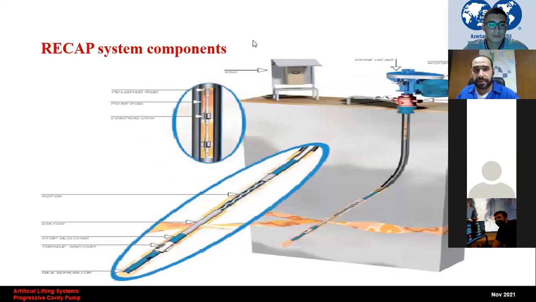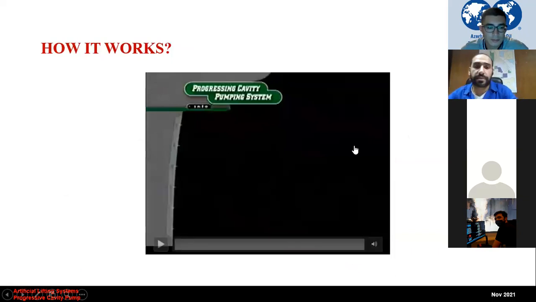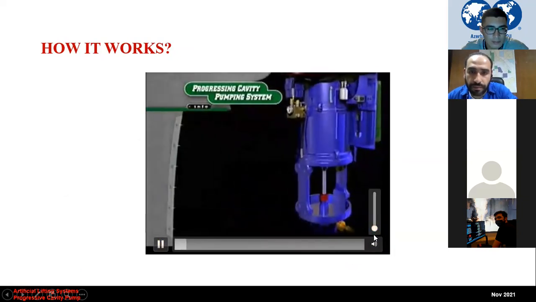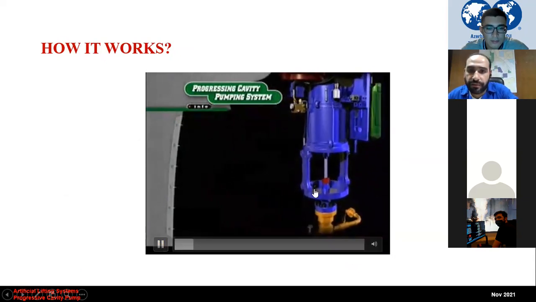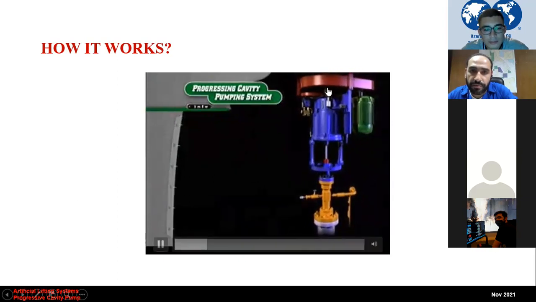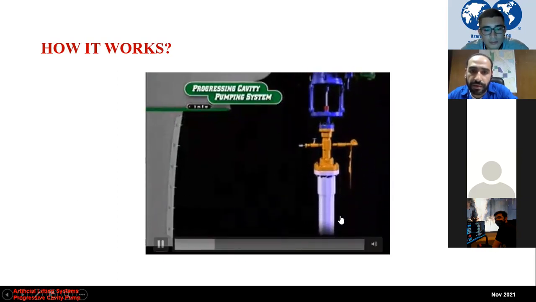So let's recap the system components. Electric panel, drive head, BOP at the surface, sucker rod or rod string, and the downhole pump below the ground. Now let's see this quick animation. Okay, this is the drive head stuffing box, the electrical motor, and this is the polished rod passing through the drive head and going down into the well.